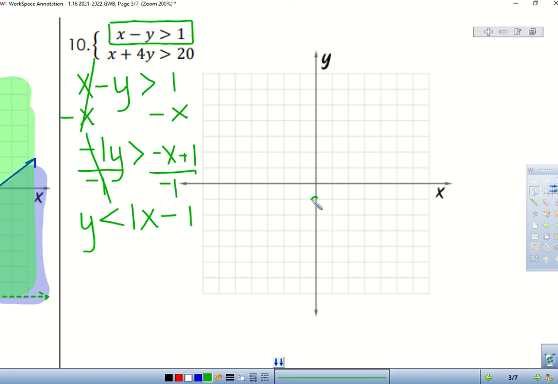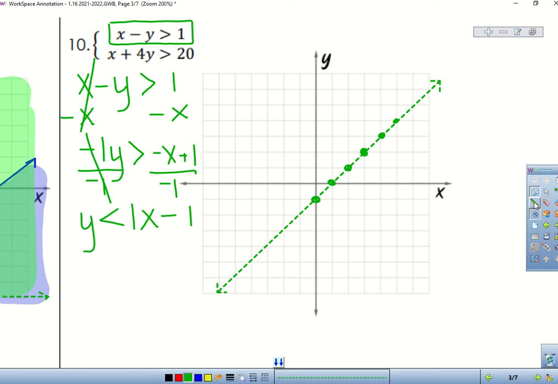So I start on my y-intercept, and I go up 1 over 1. And I just repeat that process because that's my slope. And then I'm going to use a dashed line for my inequality, because there's no equal sign underneath it.